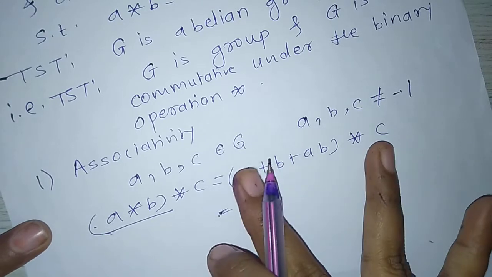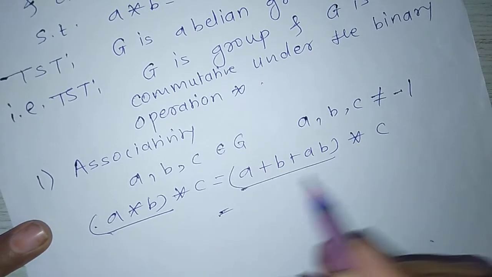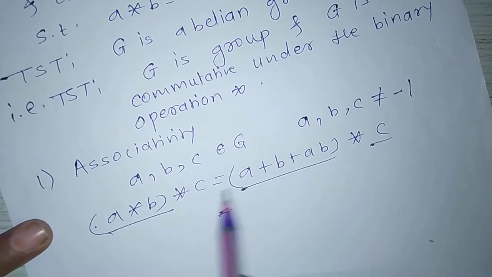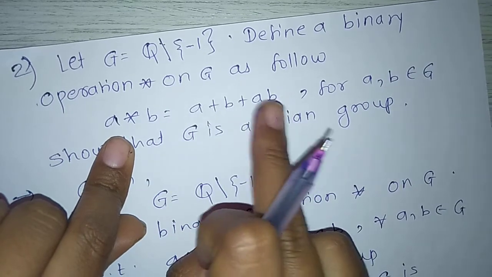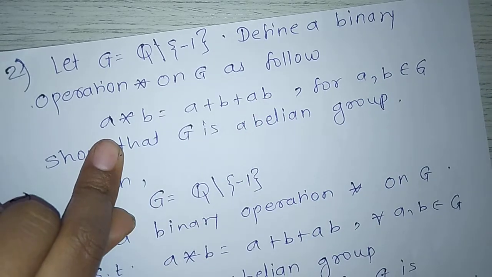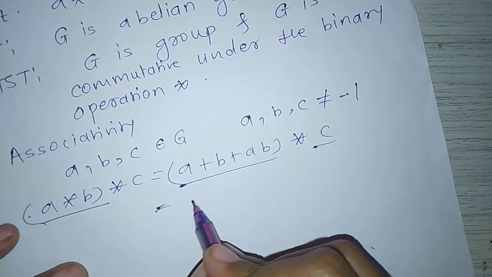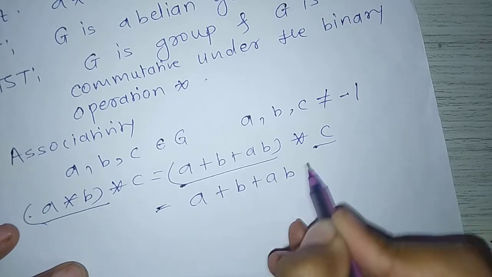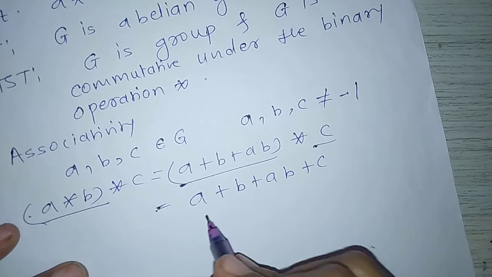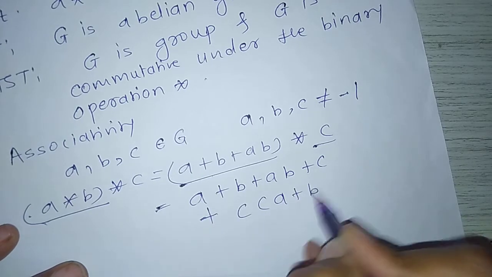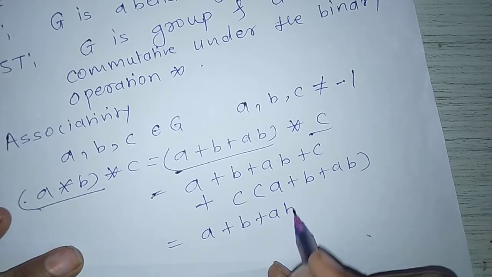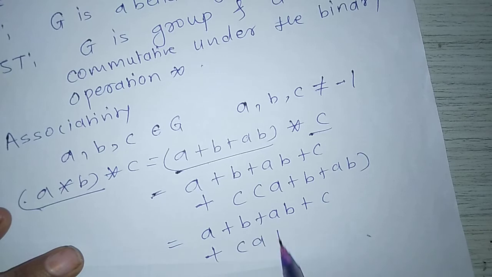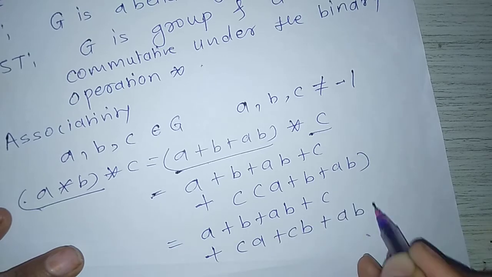Now star applied on these two numbers, first number A plus B plus AB, second C. By definition, first add these two numbers, A plus B plus AB plus C. Now multiply these two numbers, C into (A plus B plus AB), which gives A plus B plus AB plus C plus CA plus CB plus ABC.